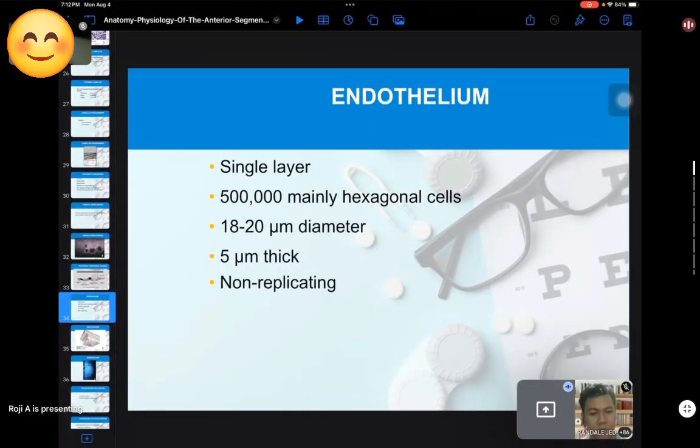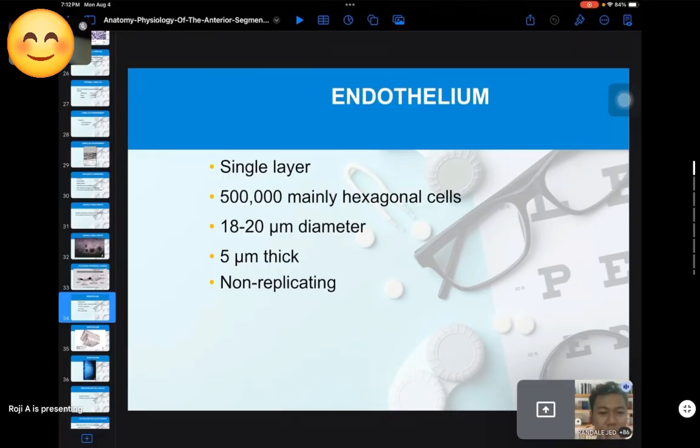Right. So single layer, 500,000 mainly hexagonal cells, 18 to 20 micron diameter, 5 micron thick, and this is non-replicating. So if your endothelium dies, what happens? Randall, it says non-replicating. What does that mean?